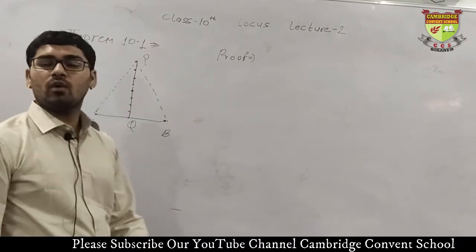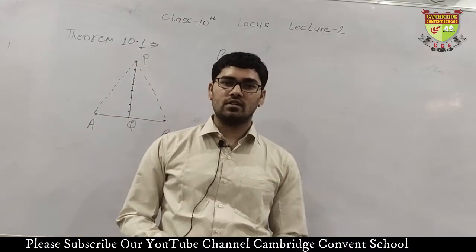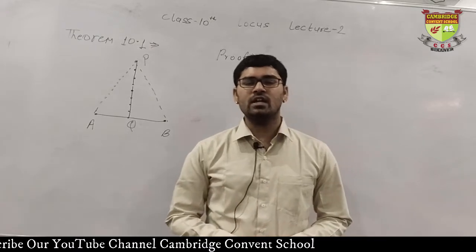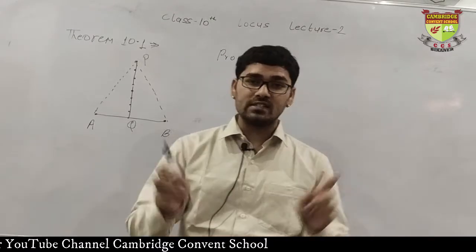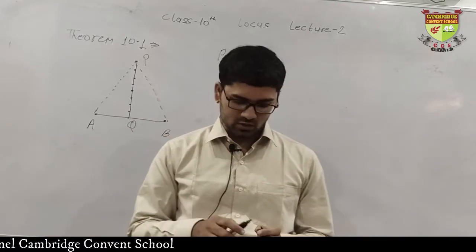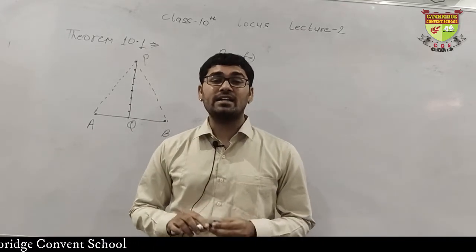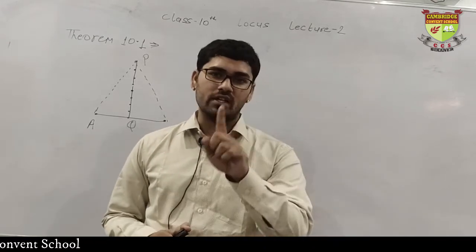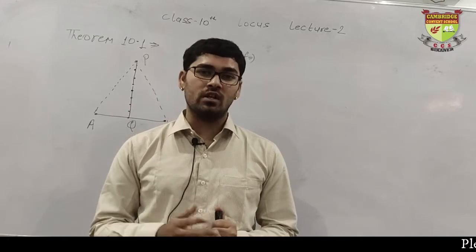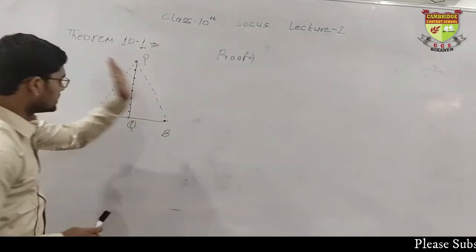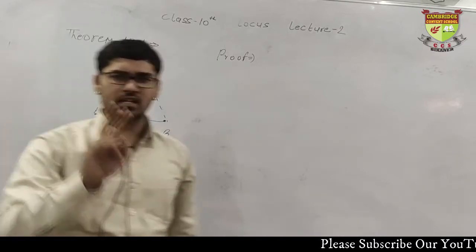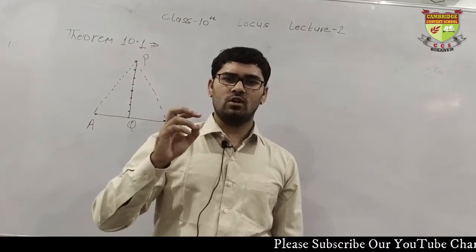What is congruent? What is congruency? It was in our 9th class. You must know that if there are 6 things in a triangle, all the sides and all the angles of two triangles are exactly equal, for example this is 6, this is also 6, this is 4, all the sides are equal.